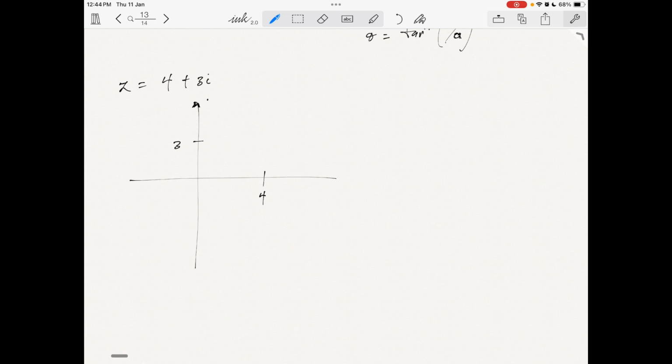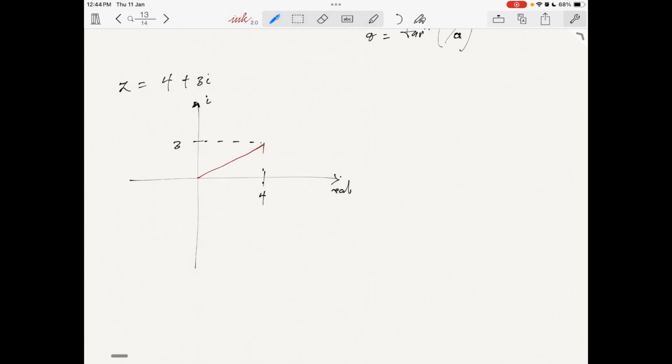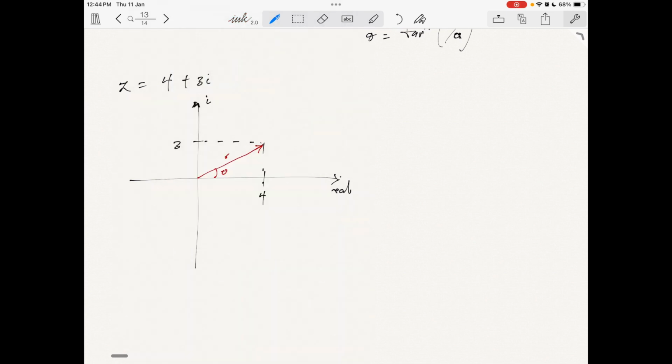Remember, this is the imaginary axis and this is the real axis. So we have this as z, or r as the case may be, and this will be our angle theta. Noting that the distance between here and here is 3, and the distance between here and here is 4.